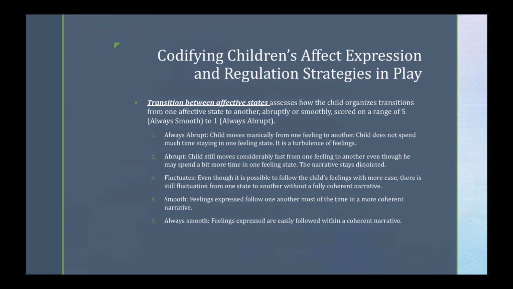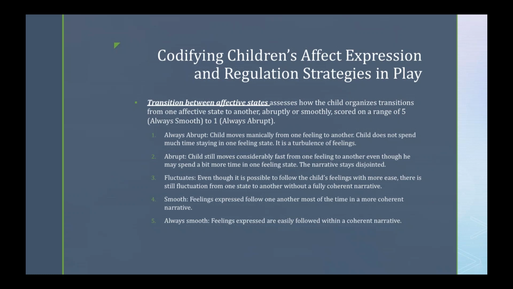We give a score of 1 when there are always abrupt transitions, when the child moves manically from one feeling to another. It's like a turbulence of feelings. We give a score of 2 when there are abrupt transitions, when the child still moves considerably fast from one feeling to another, even though he may just stay in one feeling state for a little while, but the narrative is still disjointed.